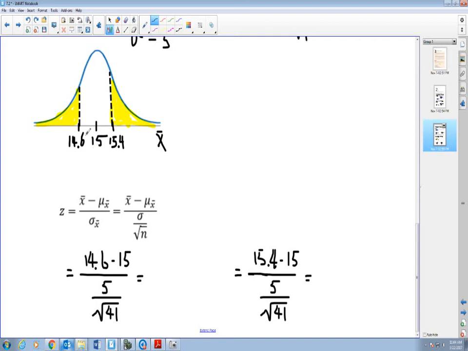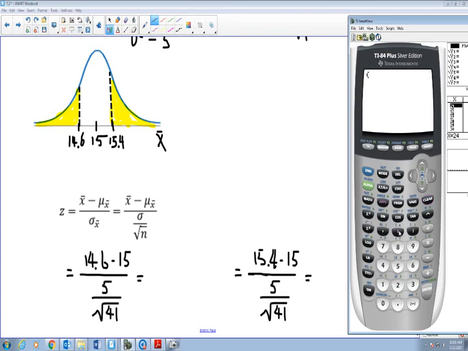Okay, so more than that distance. Another way to think about it: more than that distance to the left, everybody to the left of it is more. Okay, more than the distance 0.4. From 15 to 15.4 is 0.4 distance. More than that is everybody to the right of that. Okay, that's the way you think about it in a way.